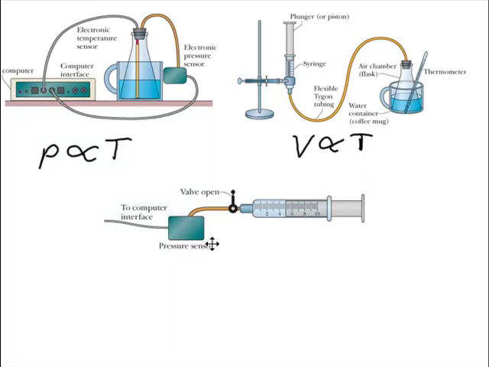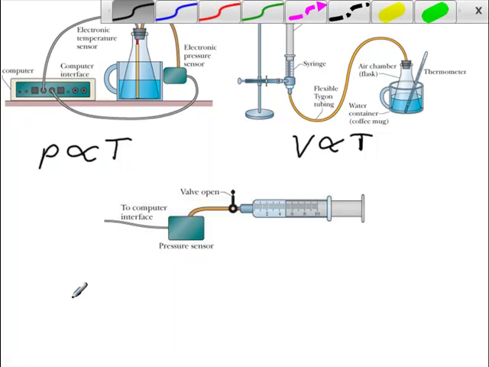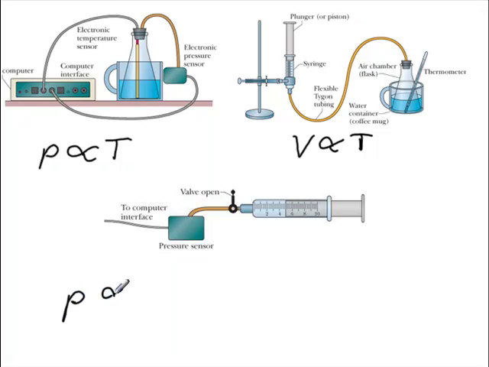If instead we hold the temperature constant while varying the volume, we find that the pressure and the volume are inversely proportional to each other at constant temperature, or pressure times volume is a constant at constant temperature.